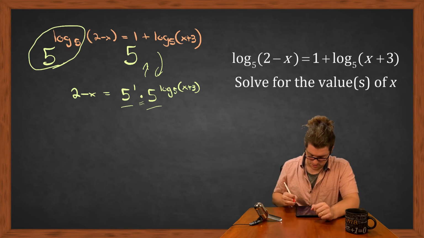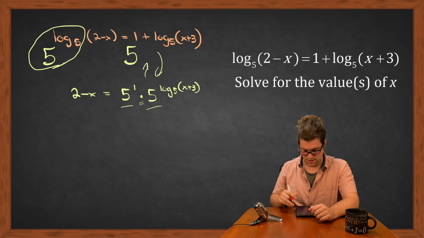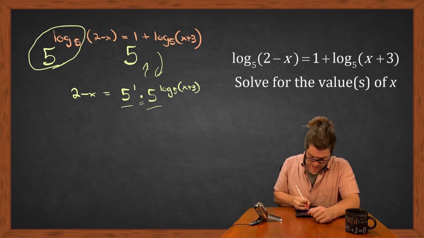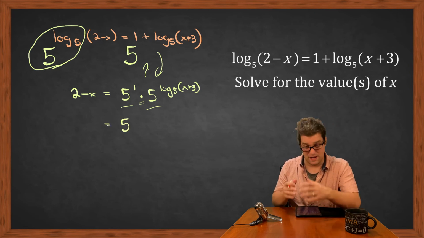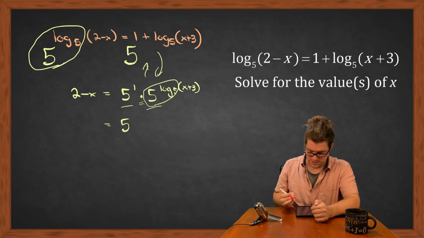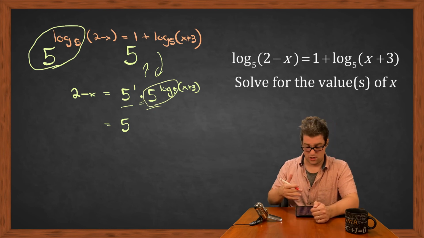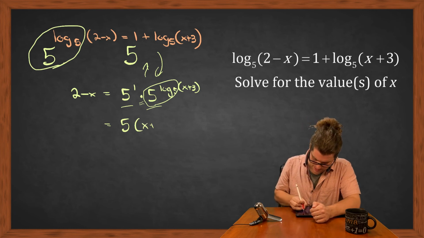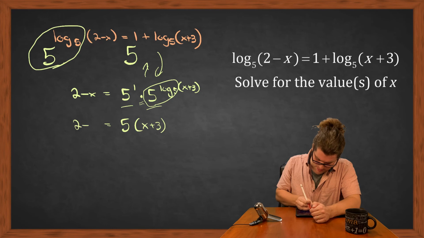All right, so the second part, after my multiplication symbol, is going to be 5 to the power of log base 5 of x plus 3, and that's all that's there. So it's directly an exponential base 5 applying on a logarithm base 5, cancels completely, and leaves us with x plus 3. So we get an expression that looks like this.